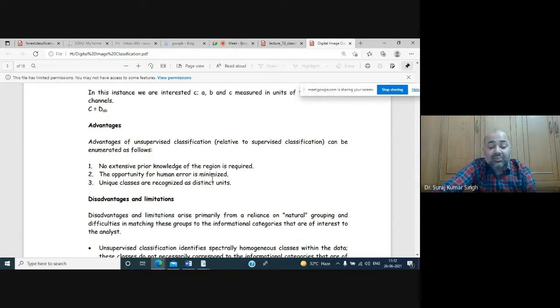So what does it help with? In the case of a supervised classification technique, we are providing signatures to the data set. So maybe we are biased, maybe we are providing a wrong signature.